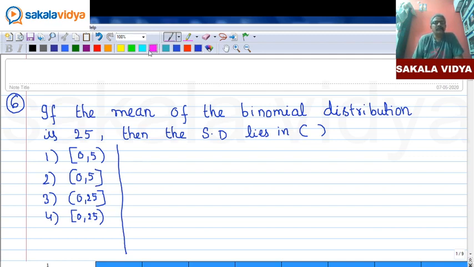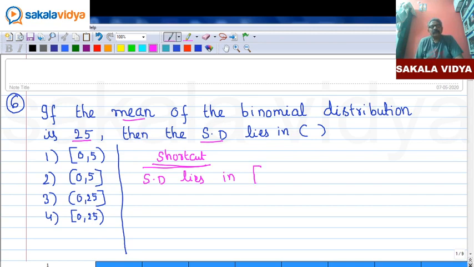So now the mean of the binomial distribution is 25, then SD lies in. So shortcut, write down, or tip you can say instead of shortcut. Standard deviation lies in closed 0 to root mu, where mu is the mean.